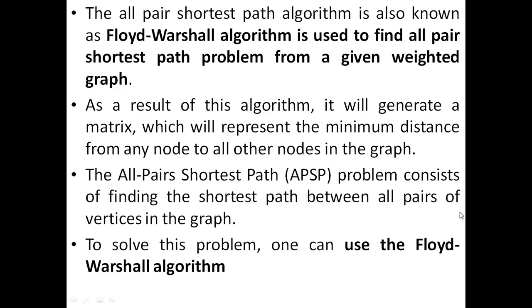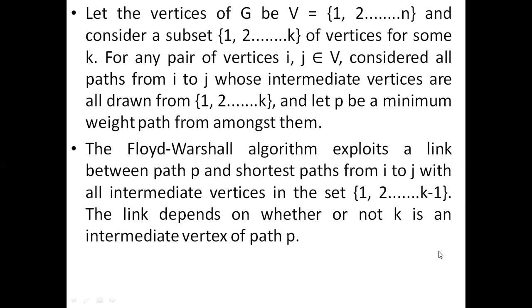This problem consists of finding the shortest path between all pairs of vertices in the graph. By using the dynamic programming approach, you can use Floyd's algorithm. As I said, it is a graph, which contains n vertices, that is 1 to n. These vertices contain a subset 1 to k. Suppose we have 3 vertices, then k takes the values 1, 2, and 3.